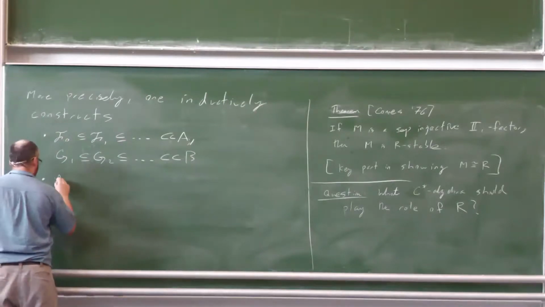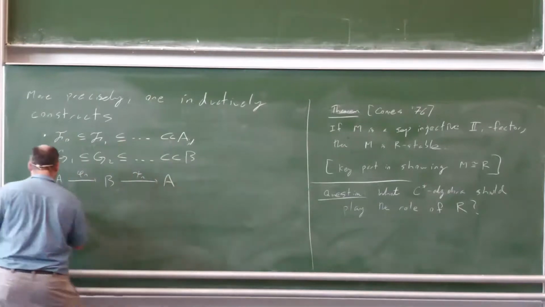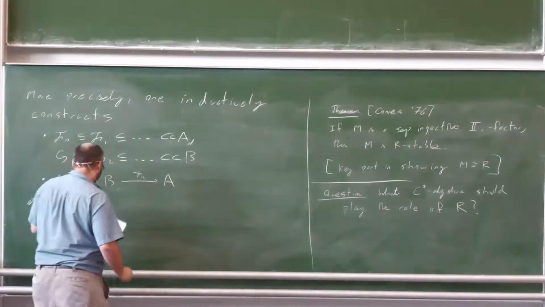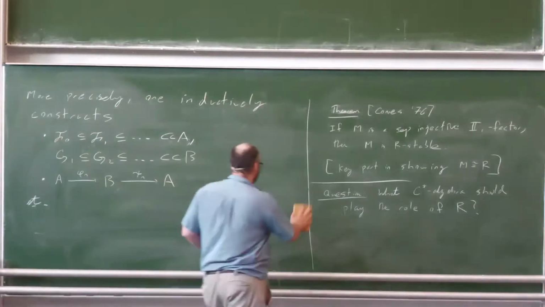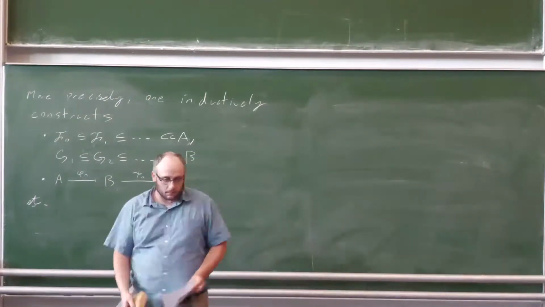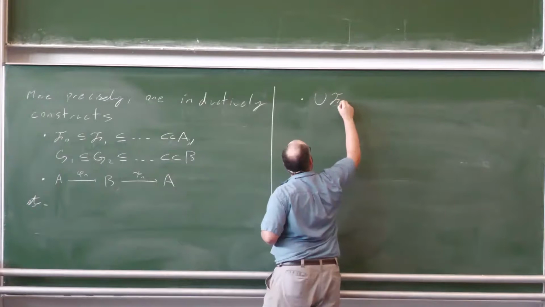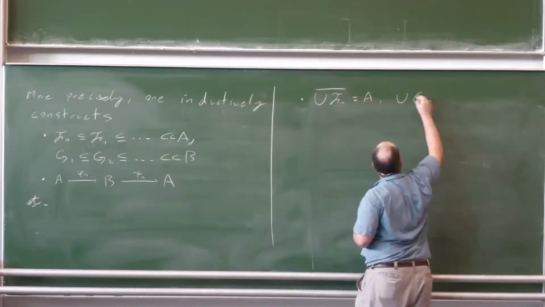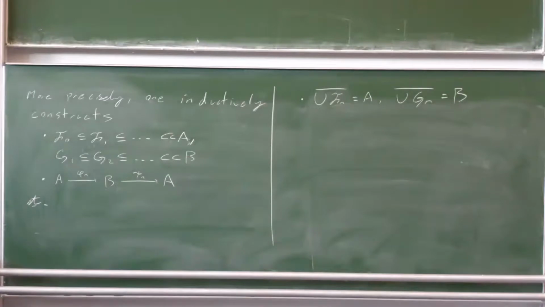You have maps phi n from A to B and psi n from B back to A, so that the Fns increase to A and the Gns increase to B. Of course, now I'm really using separability because the union of the Fns is countable if the Fns are all finite sets.